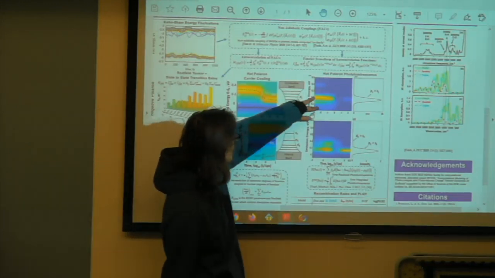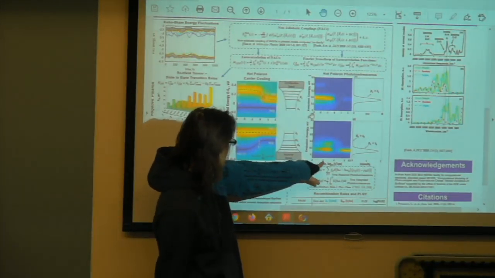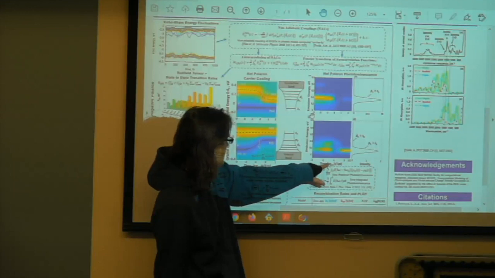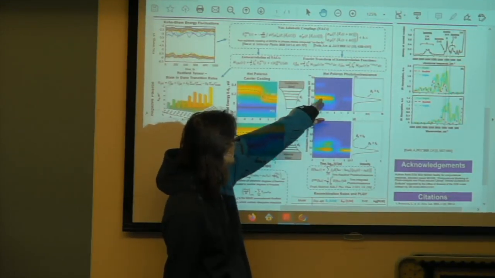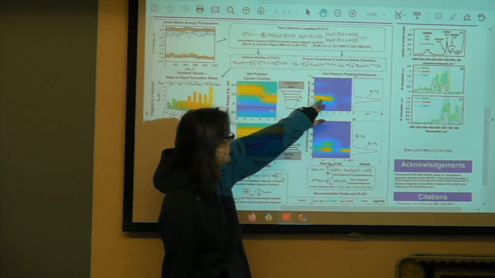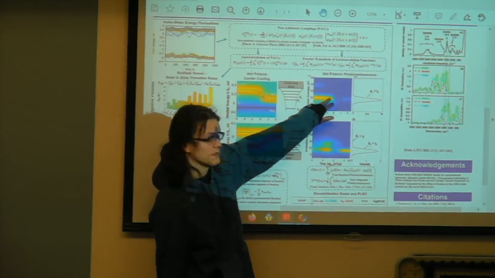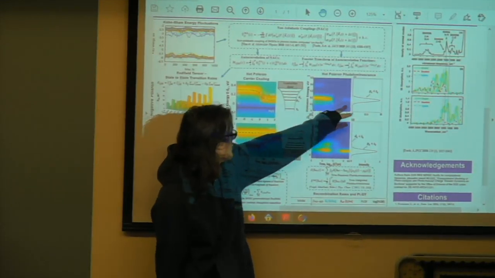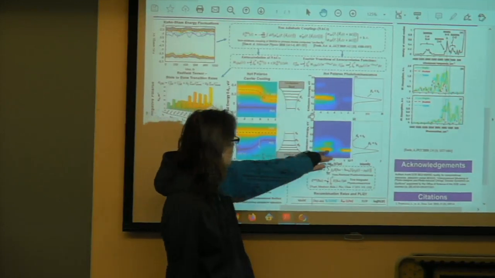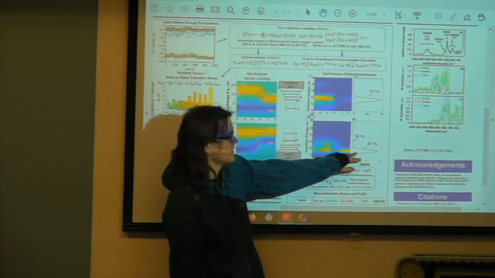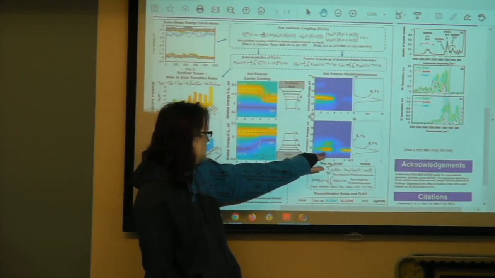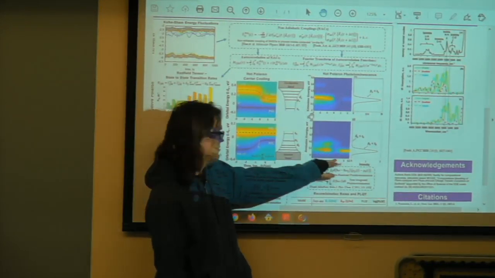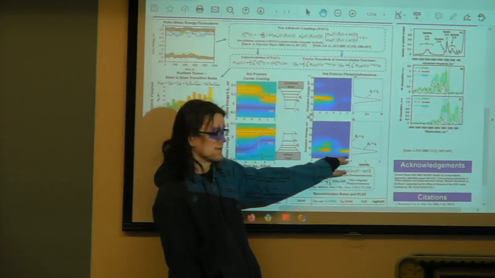The axis is log time. These bright spots indicate that there is intense photoluminescence from these states as it's cooling to the band edge. Once it gets to the band edge, that would be considered the photoluminescence. So this would be hot PL, and then photoluminescence from the band edge.